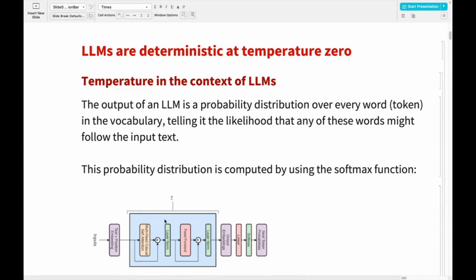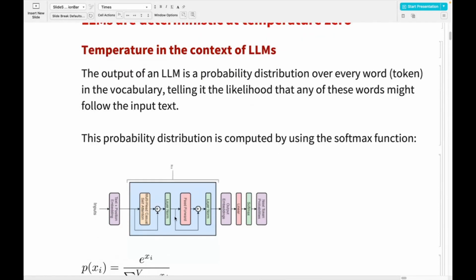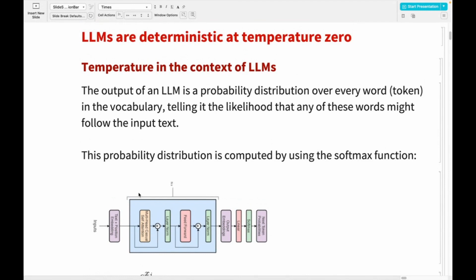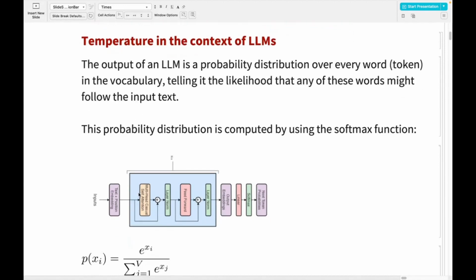In this case, the GPT generative pre-trained transformers, which are decoder-only transformers. This is the architecture. And one fact that some people don't know is that these LLMs actually can be deterministic at zero temperature.